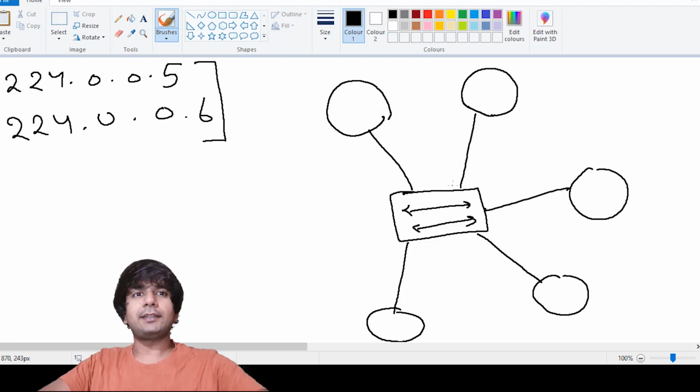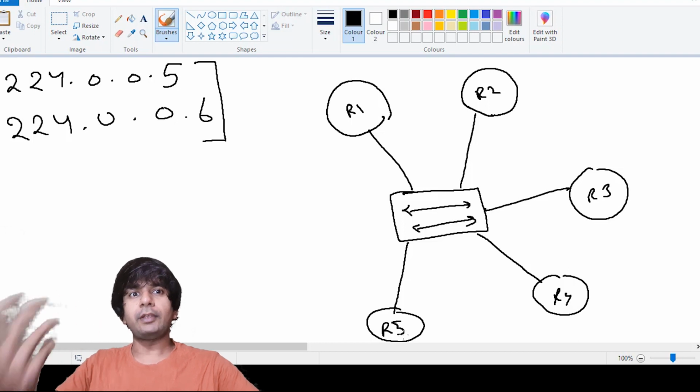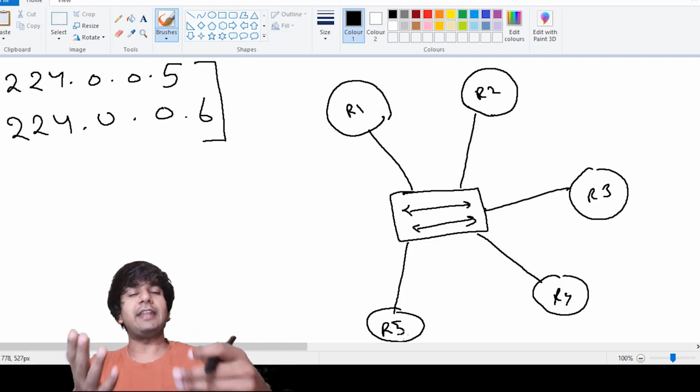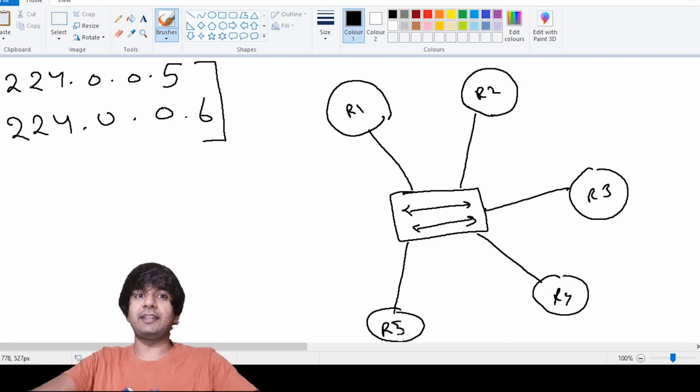Okay, so guys, this is a switch. A few routers are connected: R1, R2, R3, R4, R5. I'm not interested in how OSPF will elect the DR, the designated router, the backup designated router, and the DR others. I'm not at all interested in that.